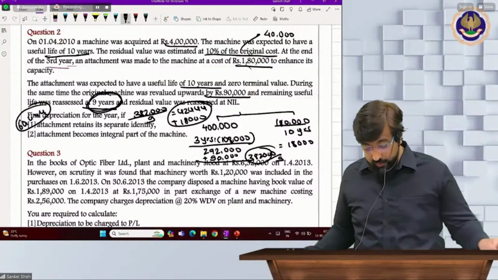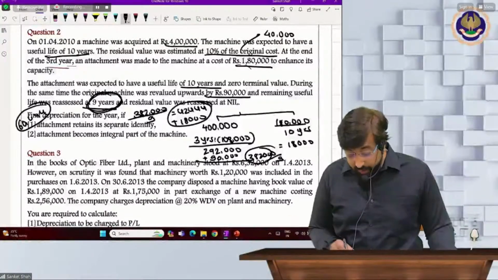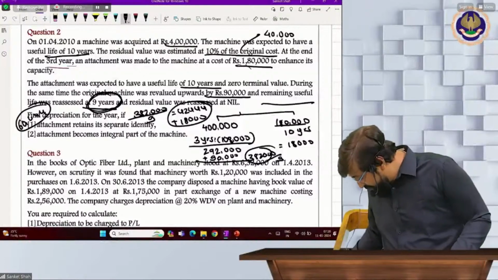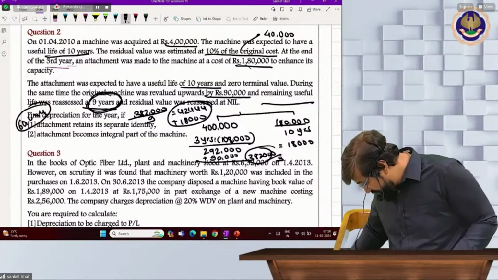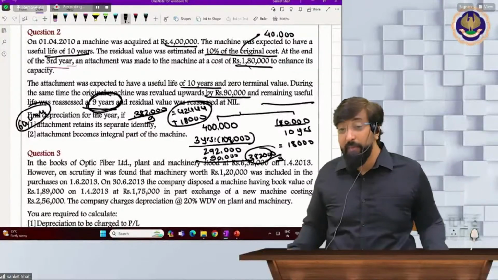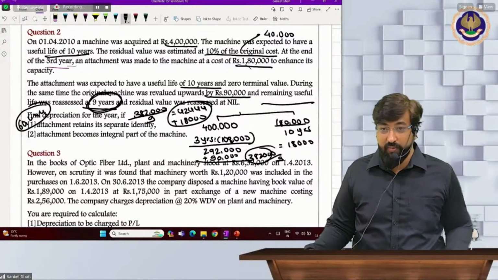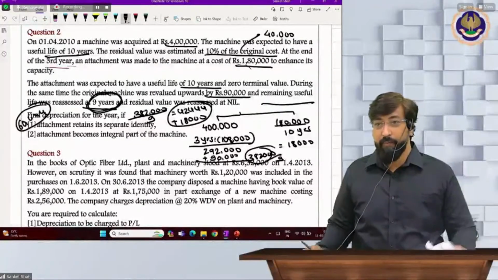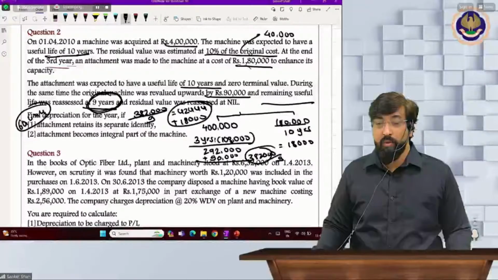Okay, you are correct. The remaining life is 9 years and it was the reassessed remaining useful life. It's not the total life. It is the remaining useful life. Very good, beta. You got the logic?